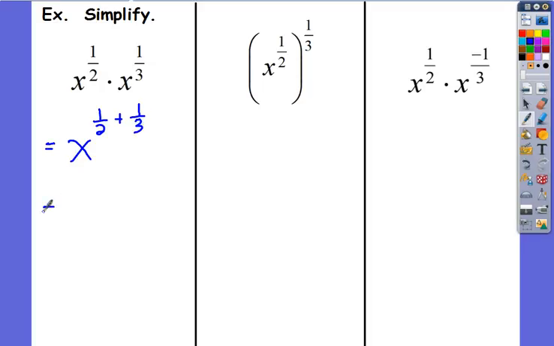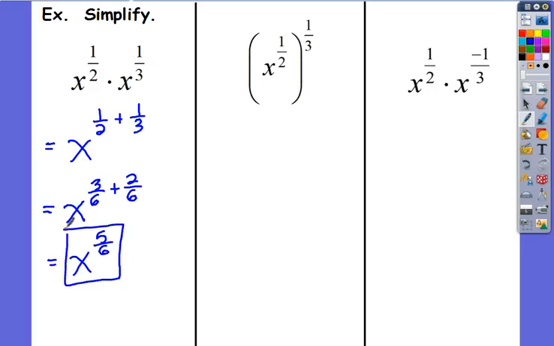Well, you guessed it, we did that whole chapter on fractions, common denominator. So the common denominator of 2 and 3 is 6. So 1/2 is like 3 over 6. 1/3 is like 2 over 6. So in the end, this is equivalent to x to the 5/6. And that's your most simplified form.